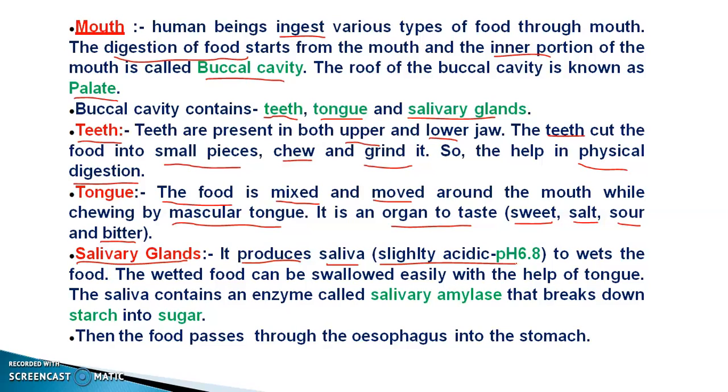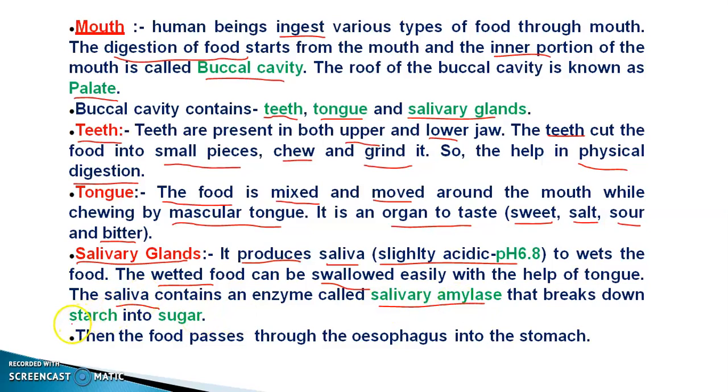This saliva basically wets the food material, and this wetted food material is easily swallowed through our esophagus with the help of the tongue. So this saliva contains an enzyme, salivary amylase, and the role of salivary amylase is to break down starch into sugar.